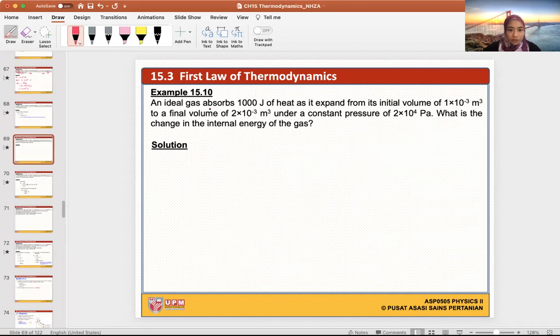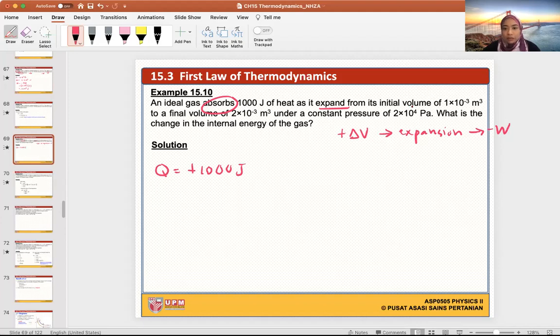Okay. So an ideal gas absorbs 1000 joule of heat. Here it says absorb heat. So Q should be positive 1000 joules. As it expands, you know that delta V is positive. This is expansion. Expansion is usually negative work.